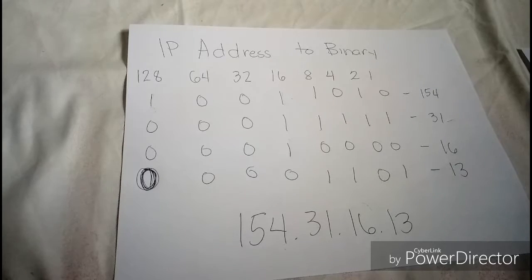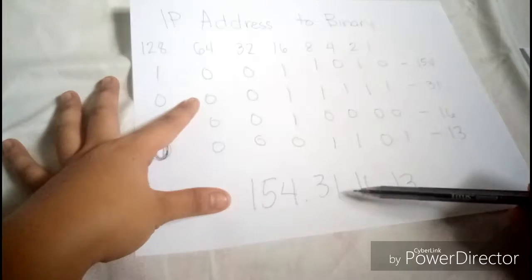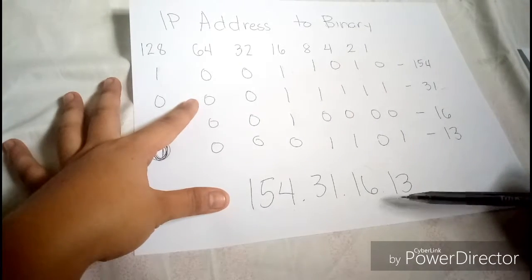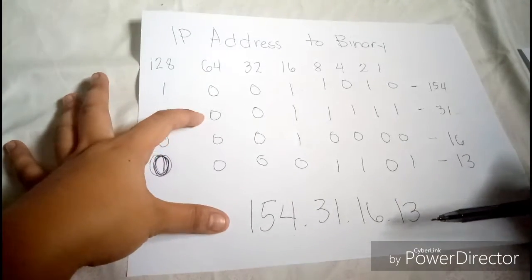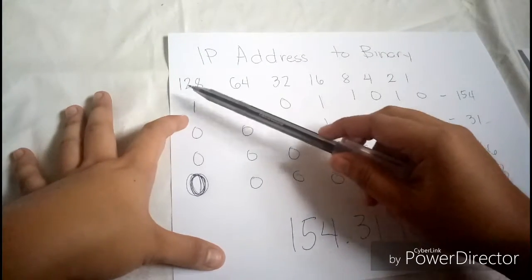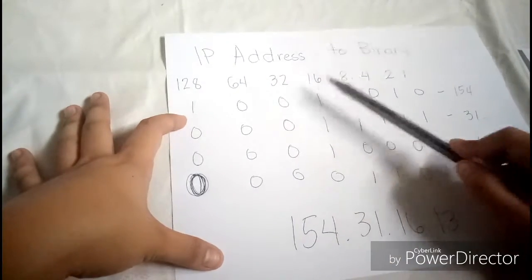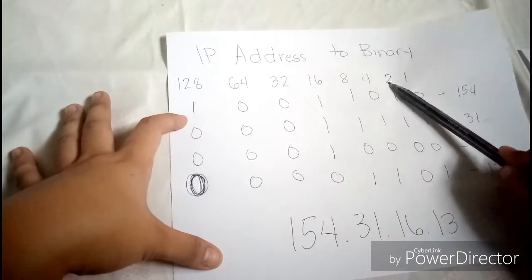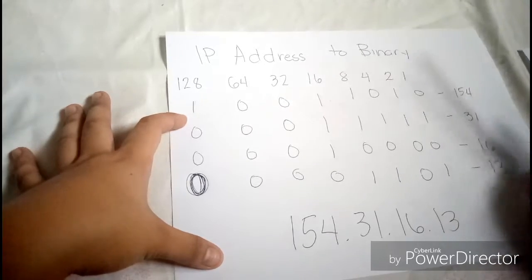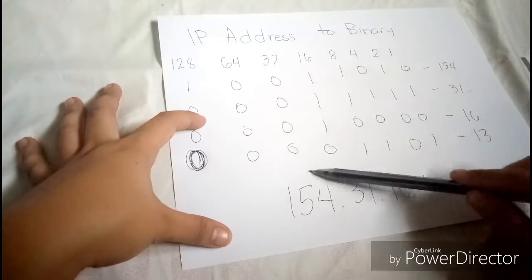So this is my example IP address, 154.31.16.13. The first thing that I'll do is use the 128, the 64, the 32, 16, 8, 4, 2, and 1. So the first thing that we will convert is the 154.